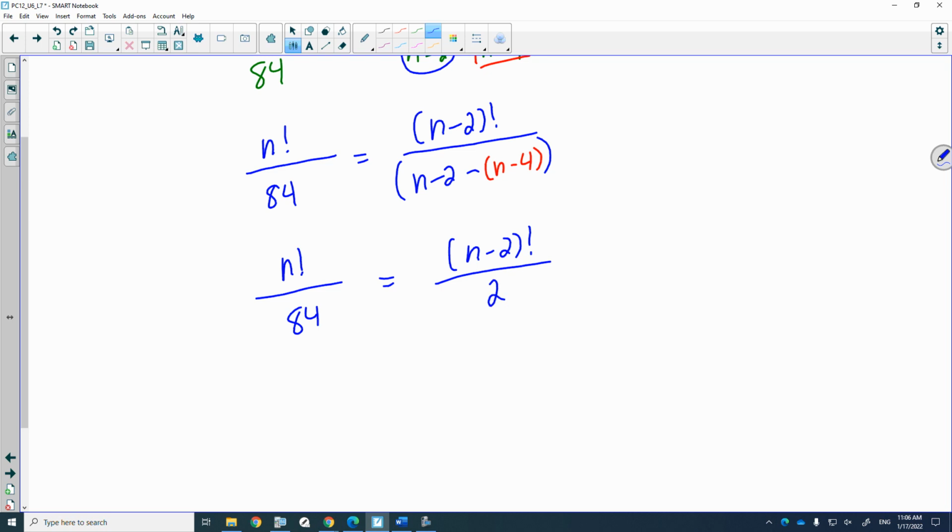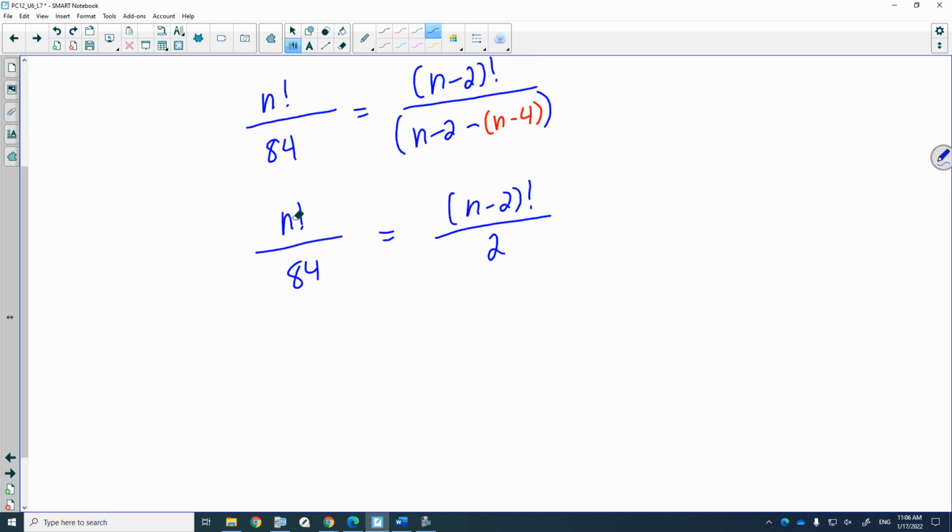Okay, from here, you want to be able to unzip something and cancel. So you essentially want your factorials together. I want to unzip this n factorial and be able to cancel with this n minus 2. So I want this n minus 2 to be in the denominator here, and I want to get rid of 84. So how you get rid of the 84 is we're going to multiply both sides by 84.